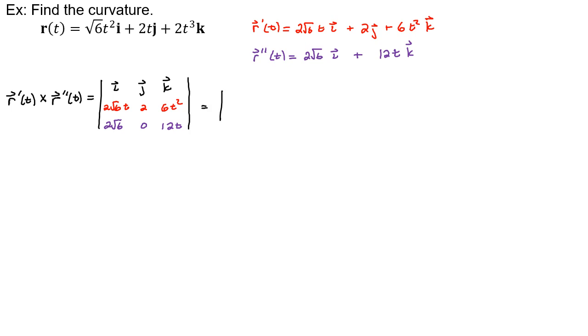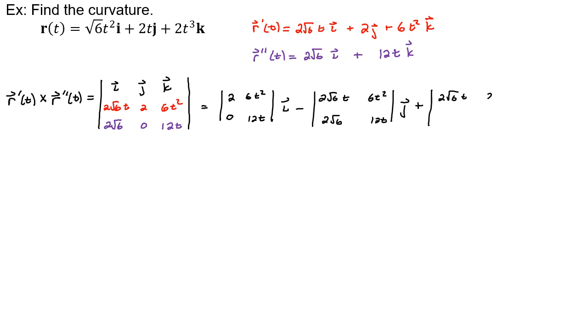So for the i, you would end up with a 2, a 6t squared, a 0, and a 12t. On the j, you would have the 2 root 6 t, 6t squared, 2 root 6, and 12t. And then on the k, you would have the 2 root 6 t, the 2 root 6, and the 0 to get the k.